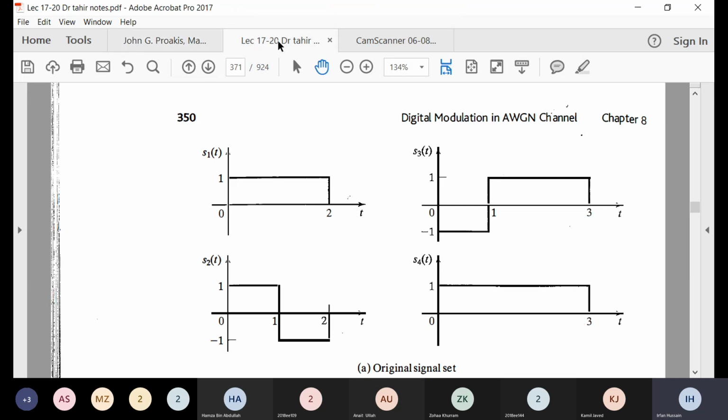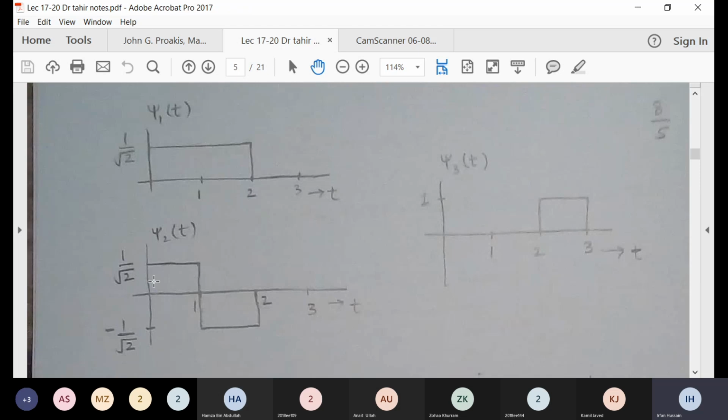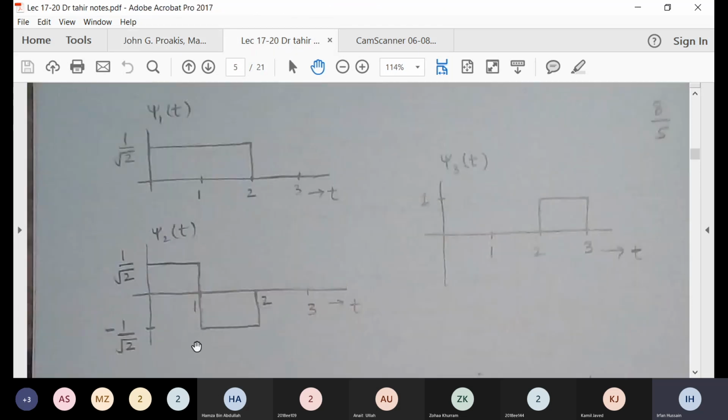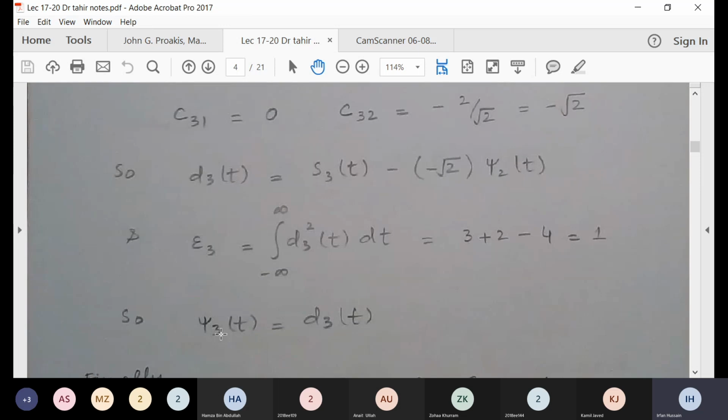So this will be minus 1 over under root 2, again minus 1 over under root 2, so this will become minus 2 times 1 over under root 2, which is minus under root 2. So you can see C32 comes out to be minus under root 2.